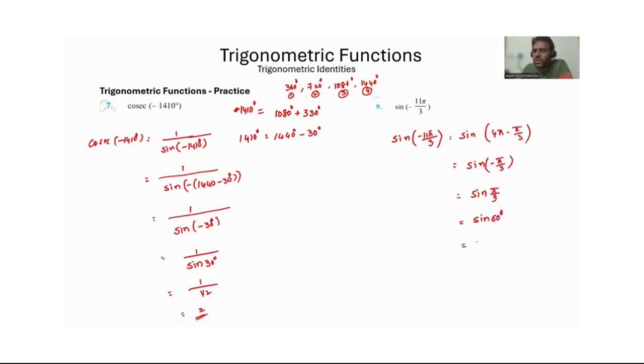What is sine 60, guys? From our previous experience with different metric angles, sine 30, cos 60, all that stuff, sine pi by 3 is root 3 by 2. How can we simplify? Based on the number of revolutions that we can deduce. So an improper fraction, you try to write it as a mixed fraction.